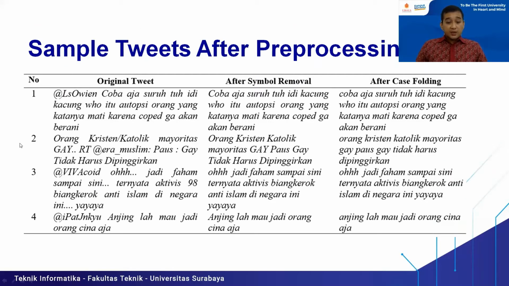This table shows an example of the result of removing symbols and case folding. This is a sample original tweet, and then this is after symbol removal, and then this is after case folding.